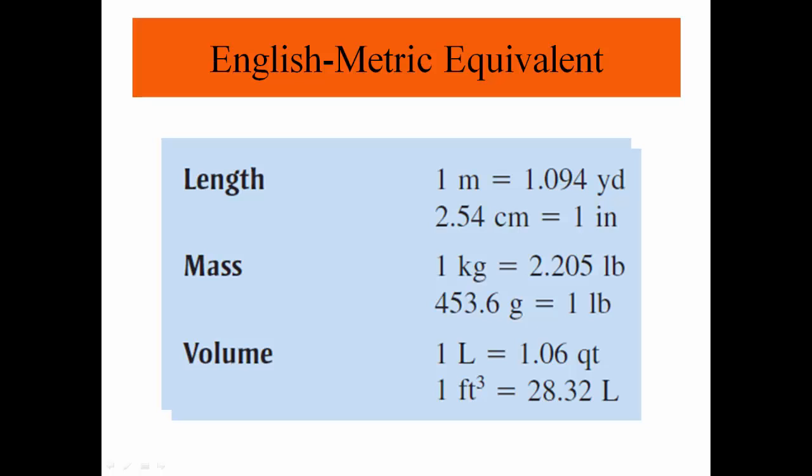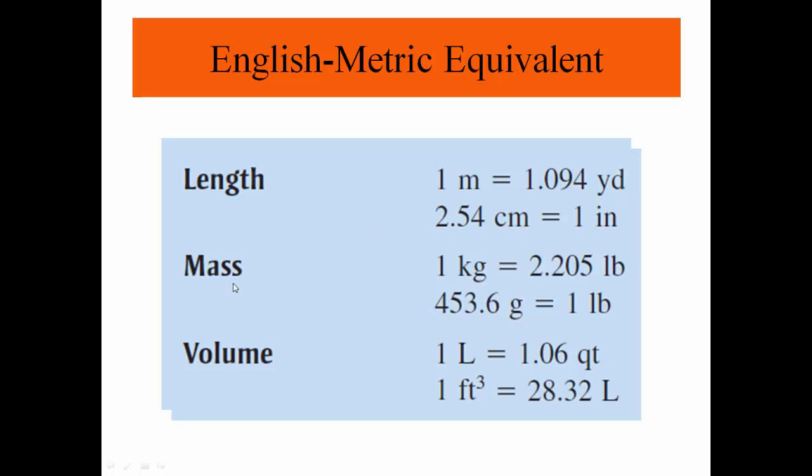For example, we have English versus metric equivalents for length, mass, and volume. For length, 1 meter in the metric system is equivalent to 1.094 yards in the English system. 1 inch in the English system is equivalent to 2.54 centimeters.